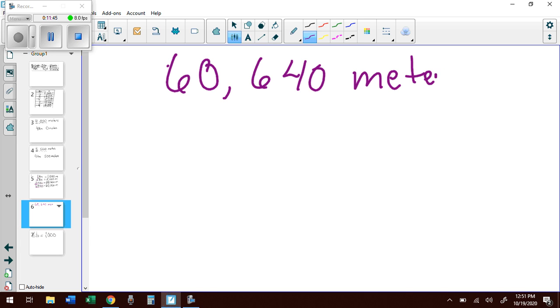This is where you might get a little confused, but I doubt it. I think you'll cruise right through it. How many kilometers are here?